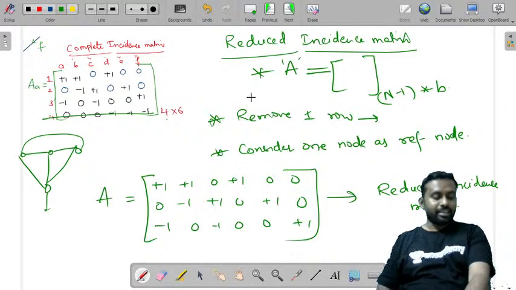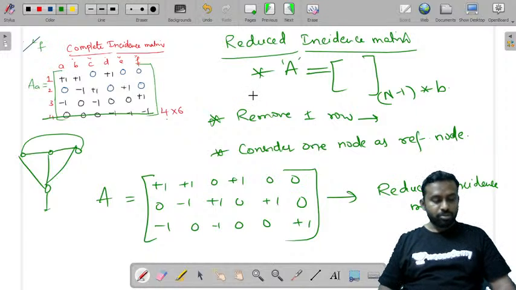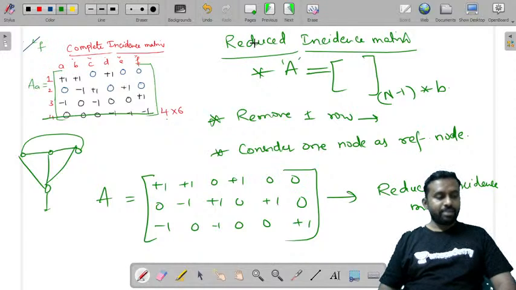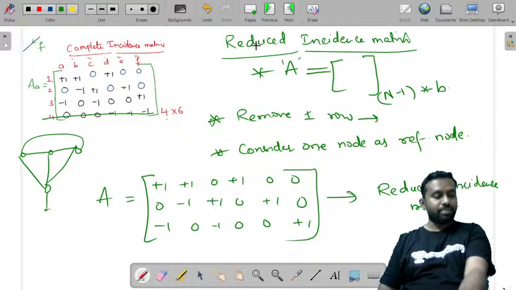So we have seen what the complete incidence matrix is and also what the reduced incidence matrix is.